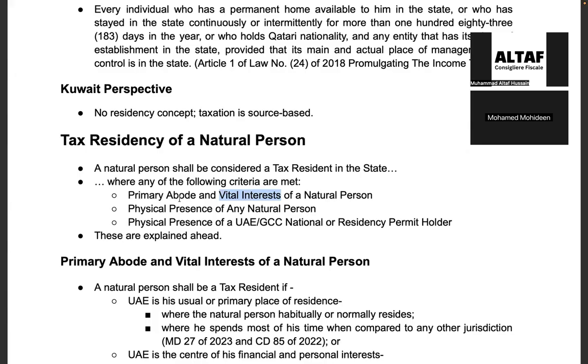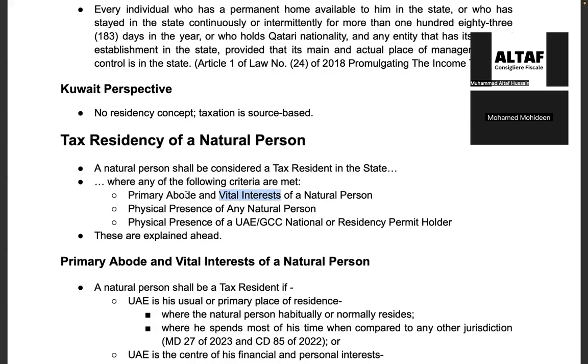You might not read this in the book, but there's a famous Israeli court decision regarding primary abode and vital interest, where it was very tricky: a person whose family was living in Tel Aviv had his economic interest, the business, somewhere else.